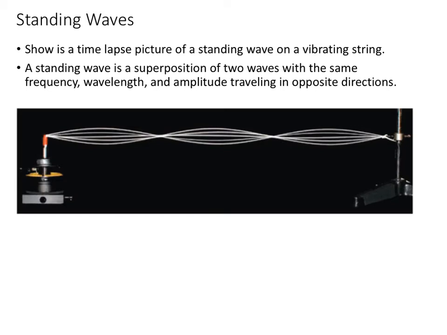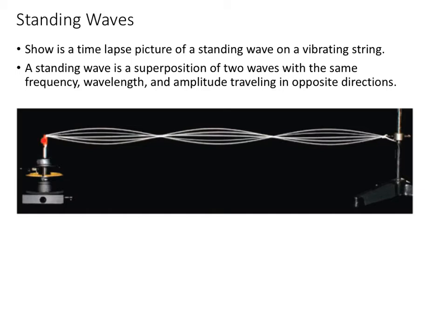What this is a picture of is a string tied, fixed at this end. And then over here we have just a little motor that's oscillating, shaking it up and down at some frequency. Now, if you pick the frequency correctly, then you can get a standing wave.